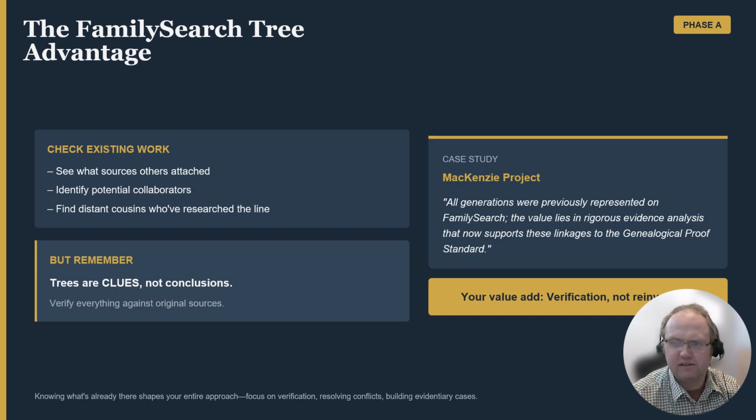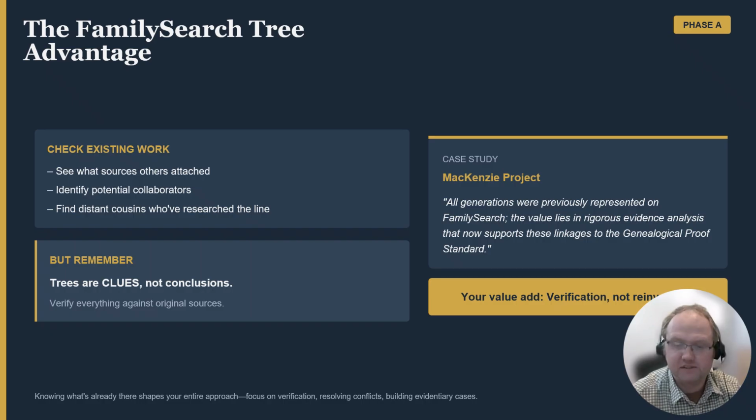Not necessarily. The value that I brought to the table: I did some supplemental searches to enrich and to make sure that the intergenerational connections made by others were accurate. I laid in rigorous evidence analysis supporting those linkages to the genealogical proof standard. Tree entries without analysis are not proven conclusions.